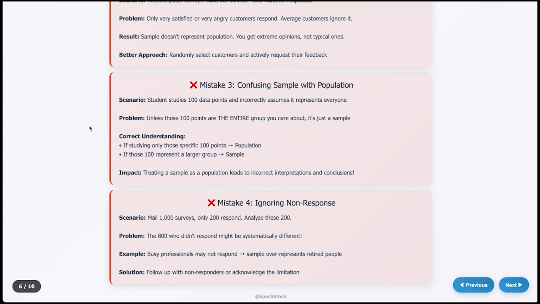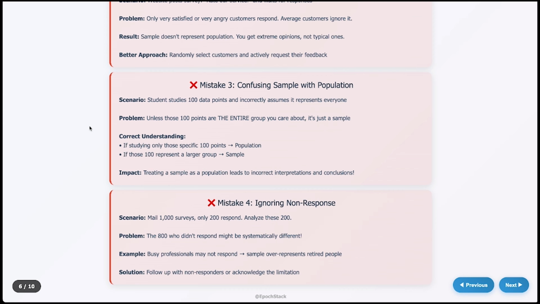Now, the fourth mistake is ignoring the non-response. For example, a company mails a survey to 1,000 people, and only 200 people respond, and the company analyzes only the responses from those 200 people.